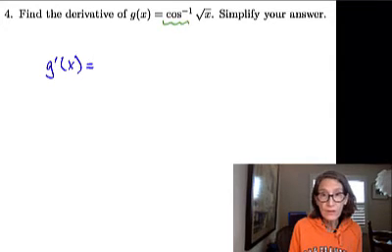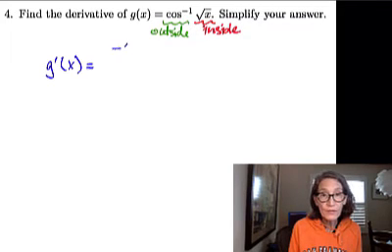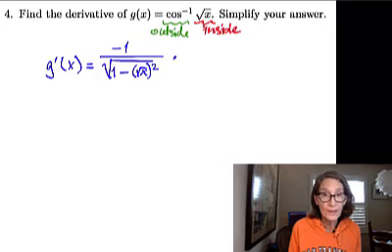The outside function is the arc cosine function, and the inside function is our friend, the square root of x. And we know how to differentiate that by now. So we're going to use the chain rule. The derivative of the outside with respect to the inside, so the inside was the square root of x, so that doesn't change, times the derivative of the inside, which is 1 over 2 times the square root of x.